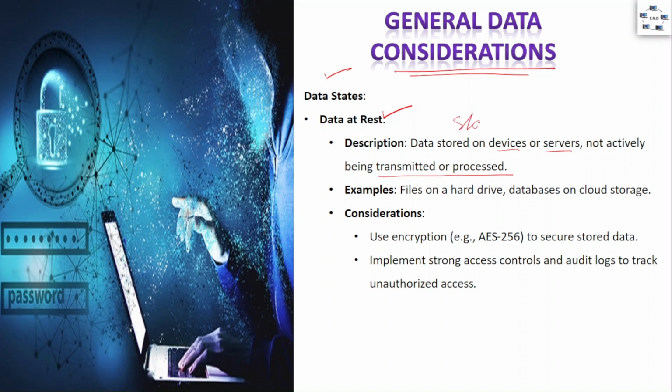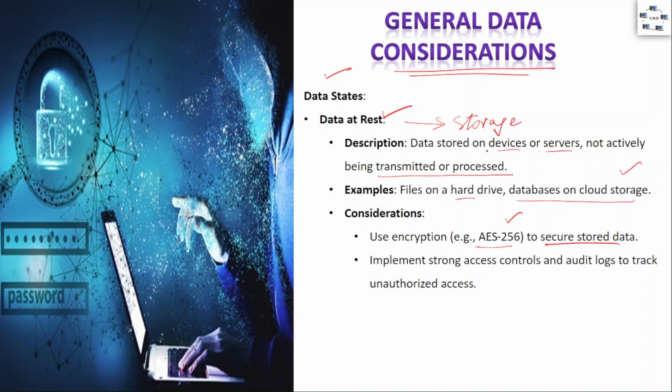When you, let's suppose, store some data inside your hard drive or inside the cloud storage, this data is basically at rest. Examples include files on a hard drive, database on cloud storage, etc. Considerations for data at rest include that for protection, encryption such as AES 256 should be used to secure the stored data.